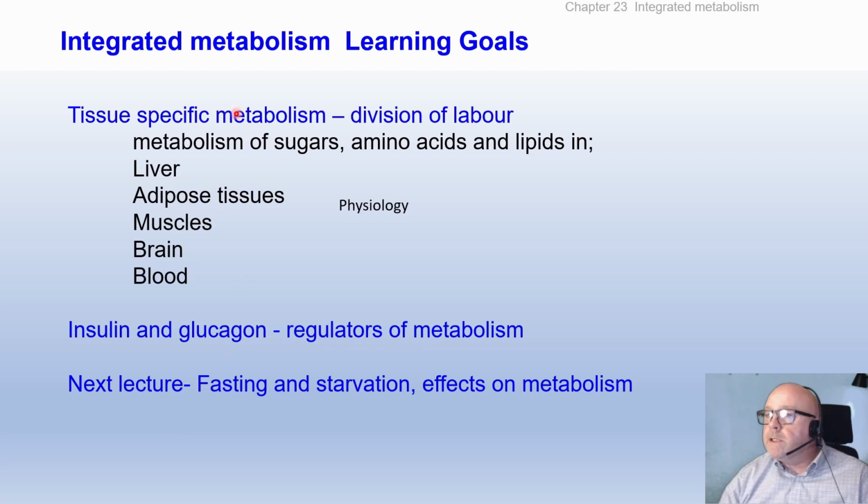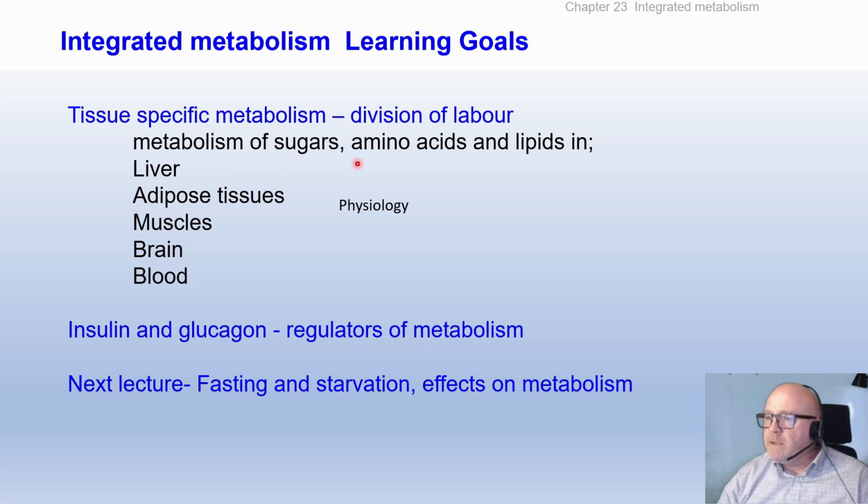Today's learning goals: we covered tissue-specific metabolism and how the organs divide labor within the body and accomplish different tasks. They work together. The liver is totally exploited by other tissues. That's the way it is. The other tissues keep the liver alive as well, and get him from A to B so he can get food and drink and whatnot.